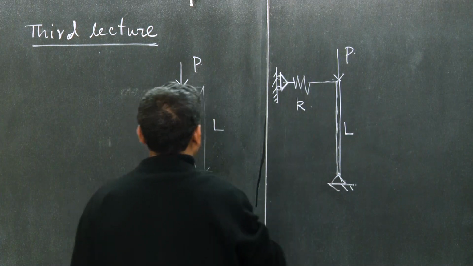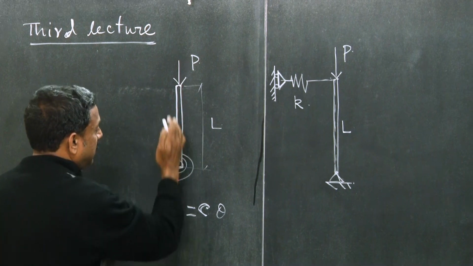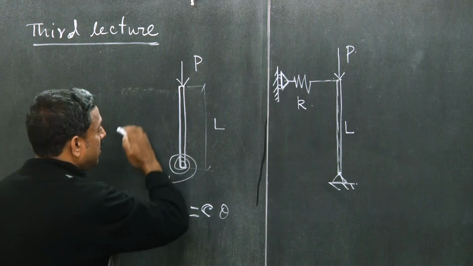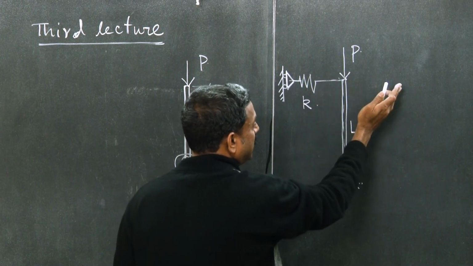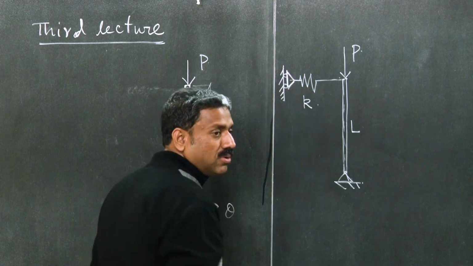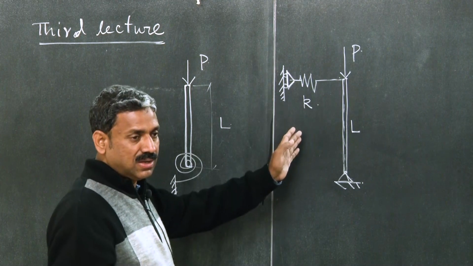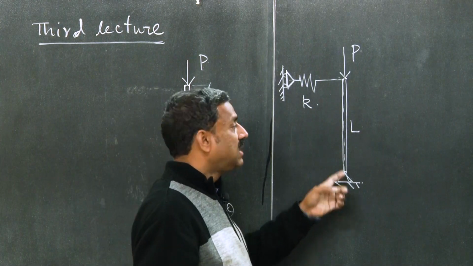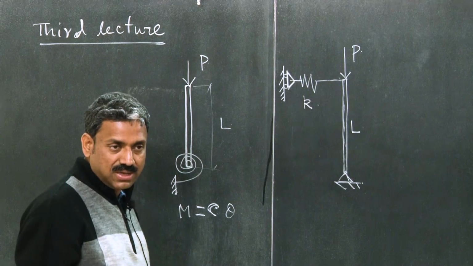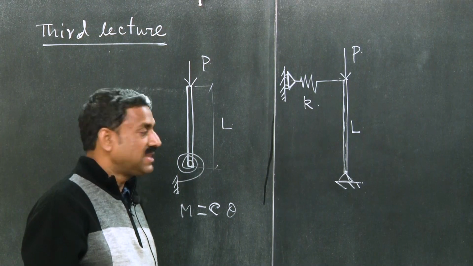This system you can perturb, right? If you perturb in this way or that way, the spring has to be flexible, it has to move, right? So this is a rigid bar which is hinged at one end, and the other end is connected with a translational spring, right? This is the second system.